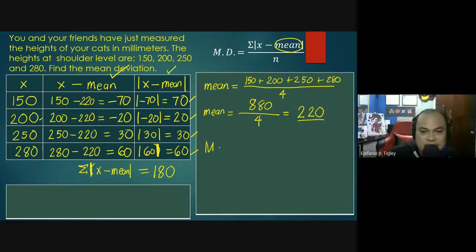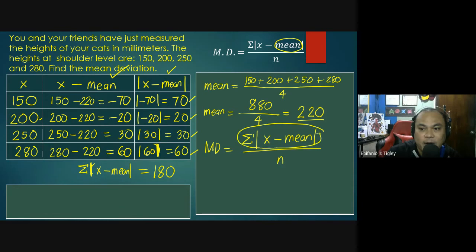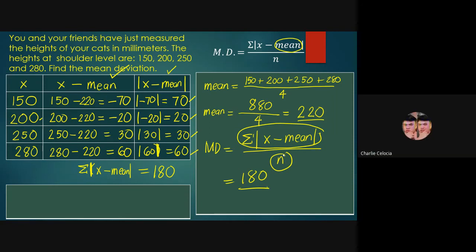The mean deviation is the summation of the absolute value of x minus the mean divided by n. What is our value for the numerator? 180. What is the value of n? How many heights are there? 4.